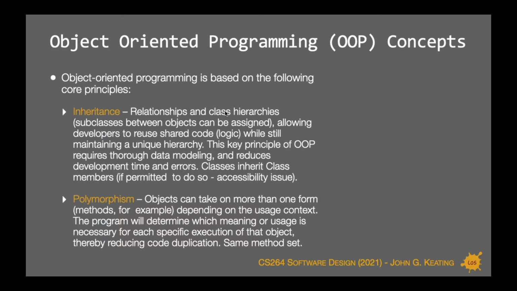Inheritance is great. Okay, inheritance, I mentioned it already, but that's the relationships and class hierarchy. So there are subclasses. They allow developers to reuse shared code while maintaining this unique hierarchy. Okay, and that's a key principle of OOP. But you do require thorough data modeling in order to be able to build a class hierarchy, you don't just do it any old way.